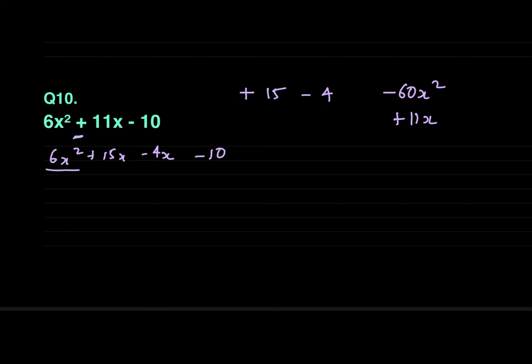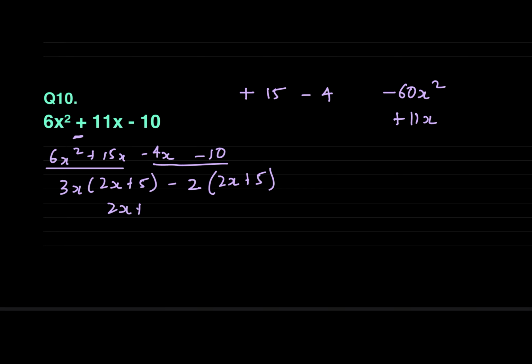So, okay, what is common in 6 and 15? 3x. 2x plus 5, minus 4. No, not minus 4. Minus 2. 2 is common in these two. 2x plus 5. So, 2x plus 5 will be in one bracket and 3x minus 2 will be the other.